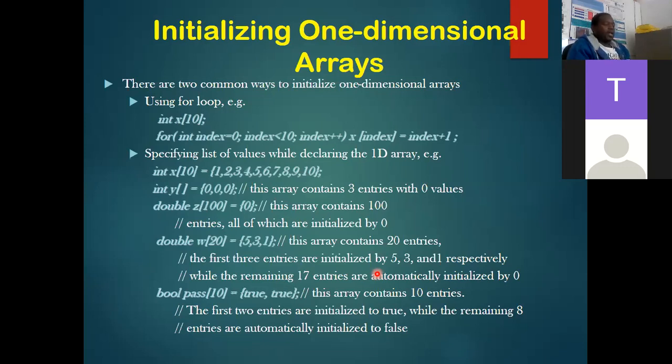If there's an array of 20 elements and you initialize the first 3 like 5, 3, 1, the remaining will become 0. That means the default value for integers is 0, right? But if it's a Boolean array, if you specify the first few, the rest will be initialized to false. That is the 0 in terms of the Boolean.